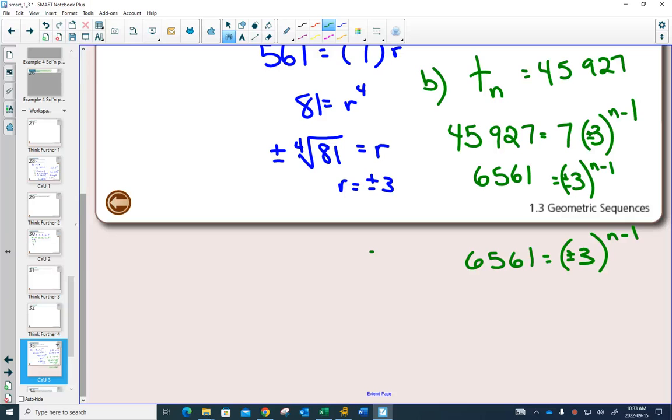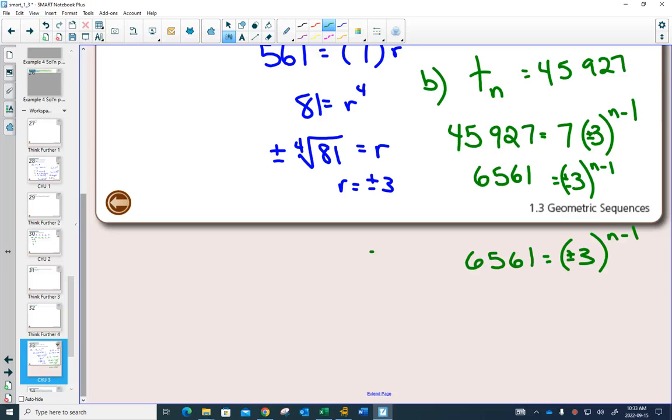First of all, since this is positive, and r could be positive or negative, does it make sense that your exponent has to be even? Which means that n, because the exponent is n minus 1, has to be odd.